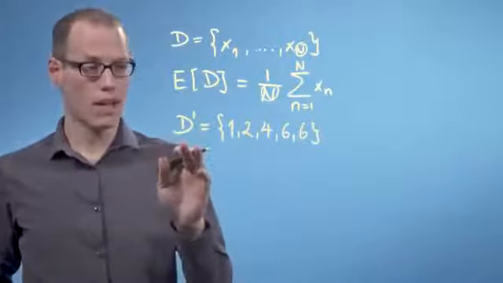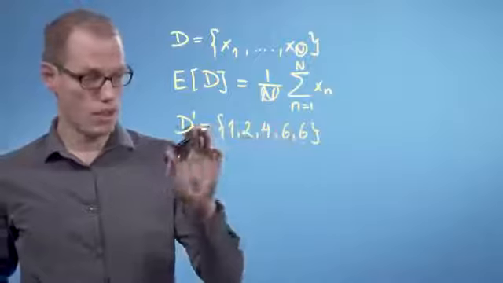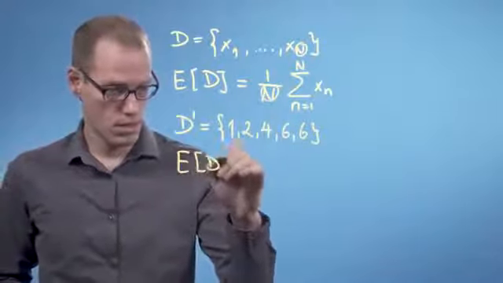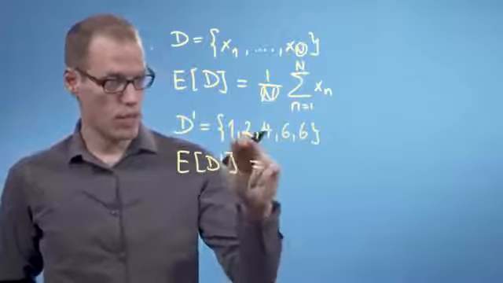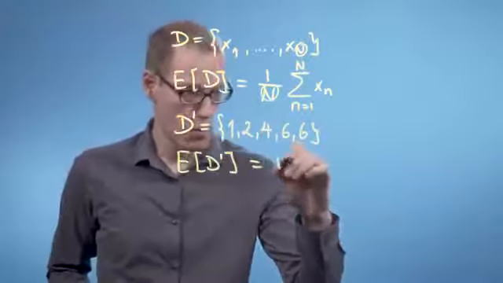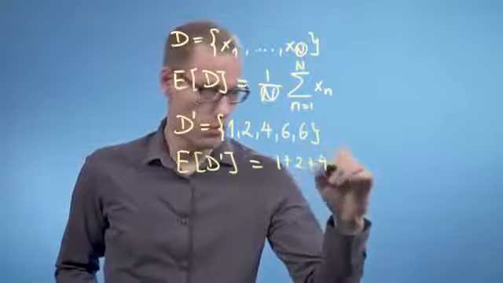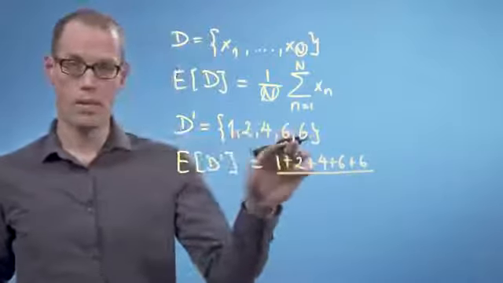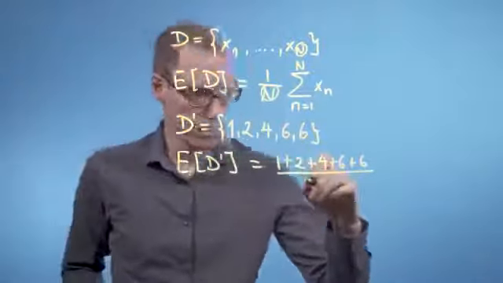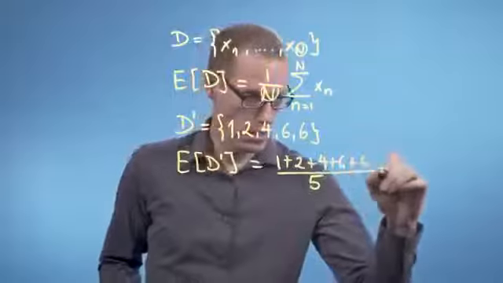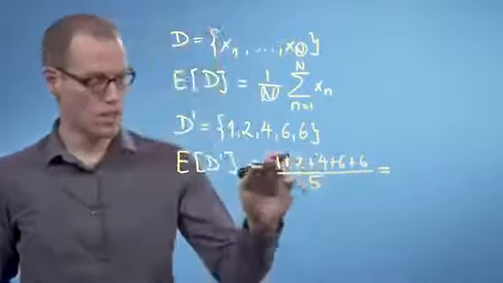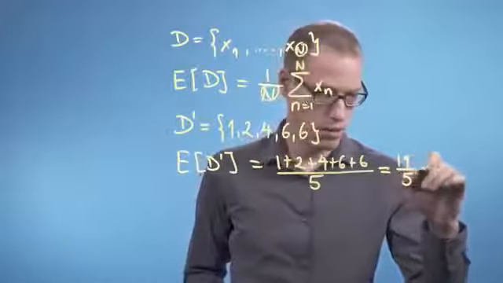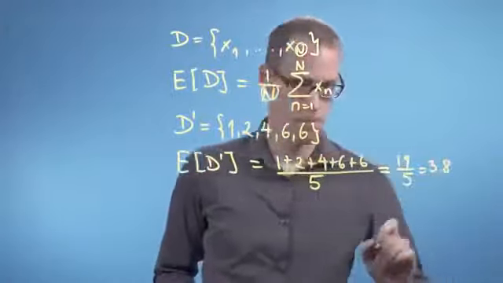And now the expected value, or the average, of this dataset is the sum of all elements in this dataset, so this is 1 plus 2 plus 4 plus 6 plus 6, divided by the number of elements in our dataset, and that is 5. So if we sum these things together and divide by 5, we get 19 over 5, or 3.8.